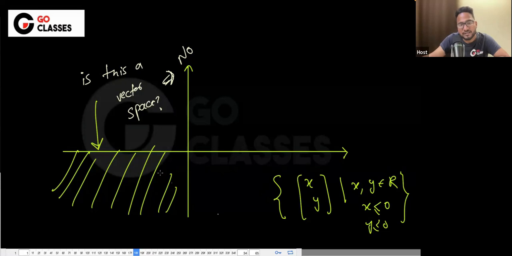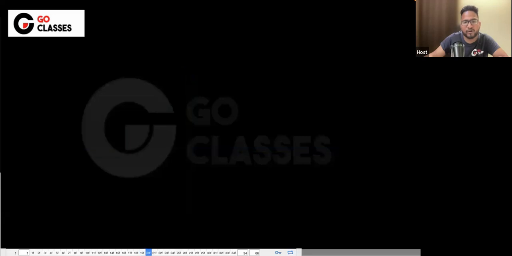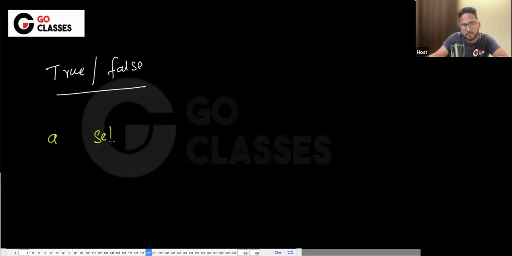Is the set enough? Is this set a vector space? Then the answer is no, right? So just saying that it is a set of vectors is not good enough. So tell me, if I just say a set of vectors is always a vector space, is this true? It is not true, right?